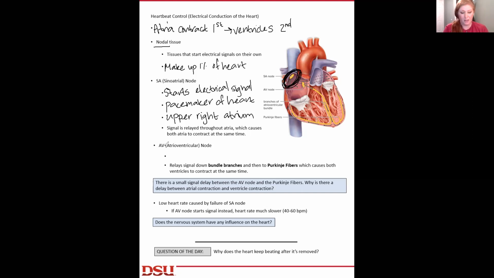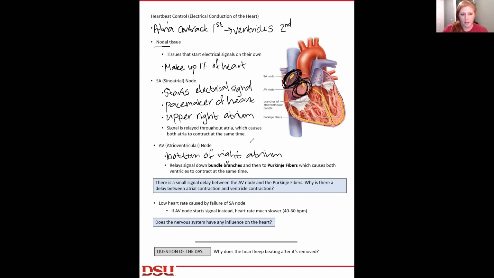Sometimes I think about this as like extension cords. The bundle branches and all these specialized Purkinje fibers, they're like extension cords, because the signal for the ventricles to contract is also located in the atrium, not in the ventricles. So it's here, okay?